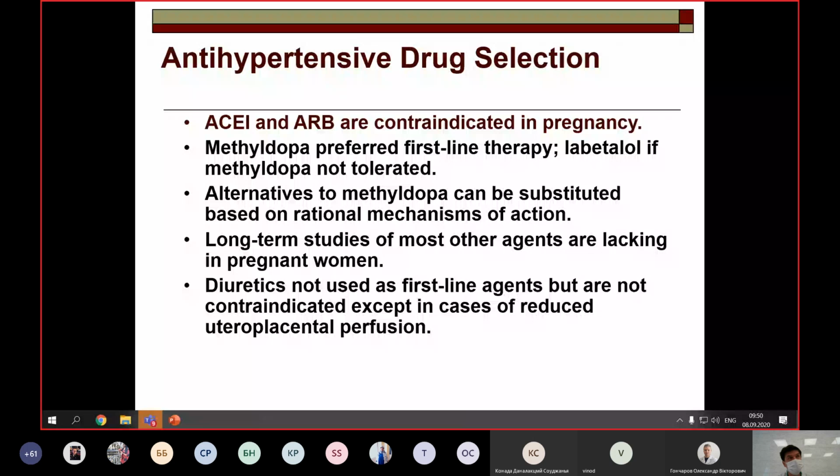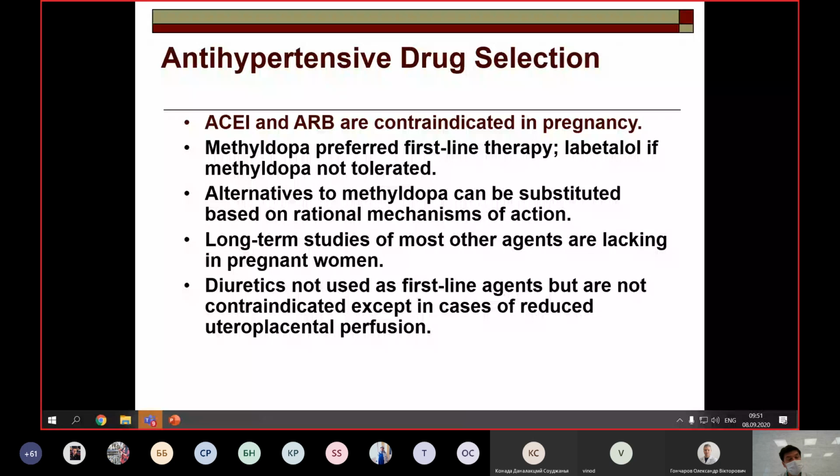Please pay attention that some drugs are absolutely prohibited in pregnant patients, for instance, ACE inhibitors and ARBs. Some drugs can be used, for instance, beta blockers in the first 3 months of pregnancy, and labetalol. Some drugs like diuretics theoretically can be used, but practically their use is associated with worsening of fetoplacental survival, so please avoid them.